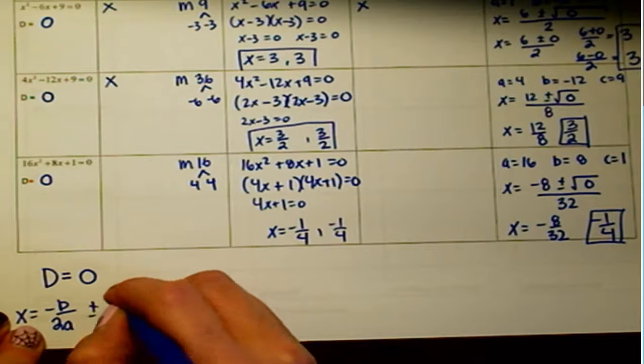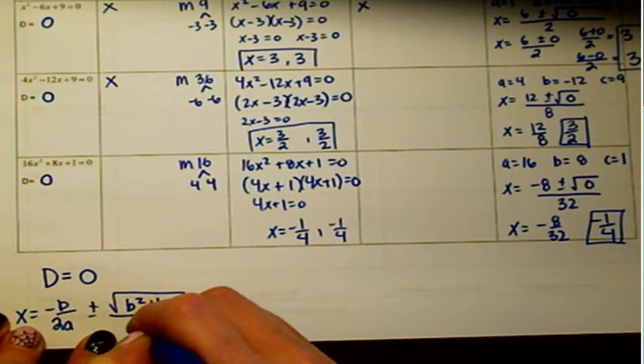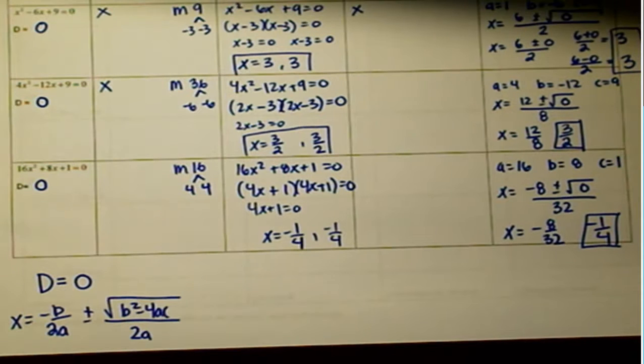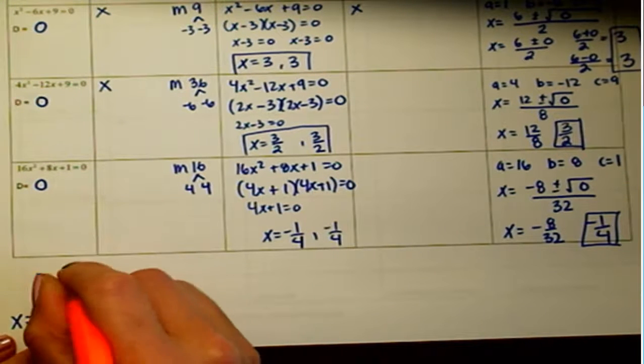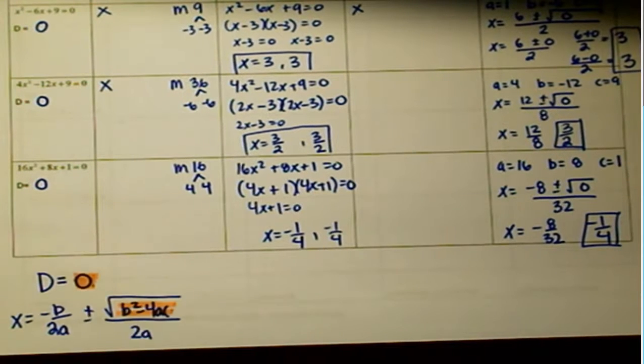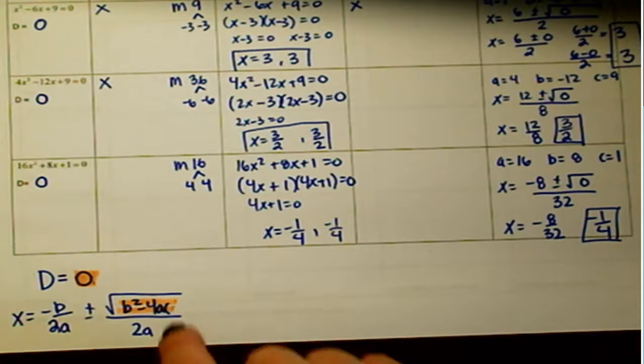Plus or minus b squared minus 4ac. And I'm just going to highlight the part of this that is the discriminant. So this is the part that's 0, right? Every question on this page had a discriminant of 0, which goes in that spot on the quadratic formula.